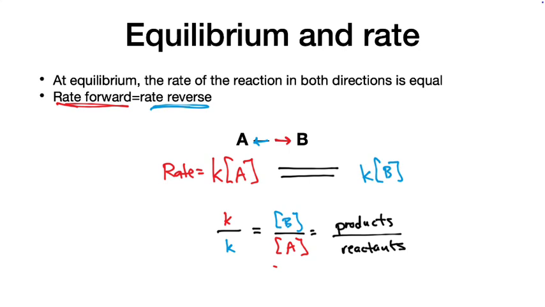No, it's not 1 because that's a red K and a blue K, which is very confusing, particularly when you're writing it down, you probably don't have multiple colors. Okay? That red k is the rate constant for the forward reaction. The blue k is the rate constant for the reverse reaction. That's a constant divided by a constant. And a constant divided by a constant is another constant. It could be 1, but it could be any numerical value.